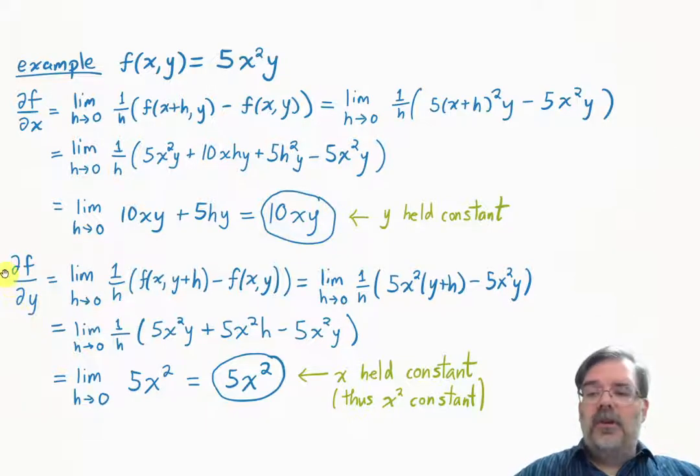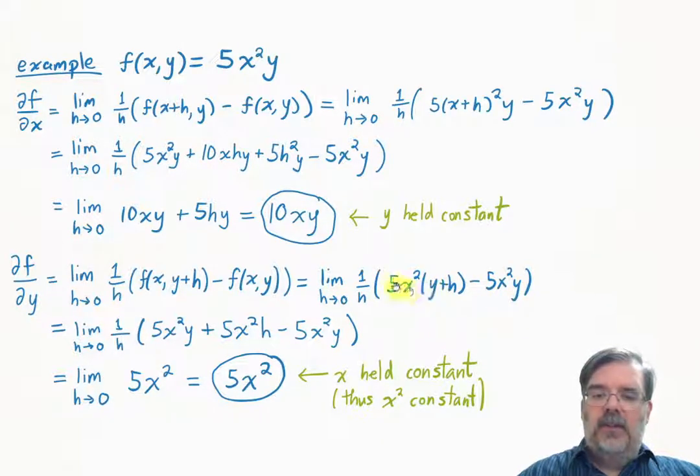To calculate the partial derivative of f with respect to y, again using the definition of the derivative, you would start out with the definition of the derivative. Again, instead of division by h, I'm writing this as multiplication by 1 over h. This is equal to the limit of 1 over h of 5x squared, and then the y is now replaced with y plus h, times the quantity y plus h, minus f(x, y), that's minus 5x squared y.